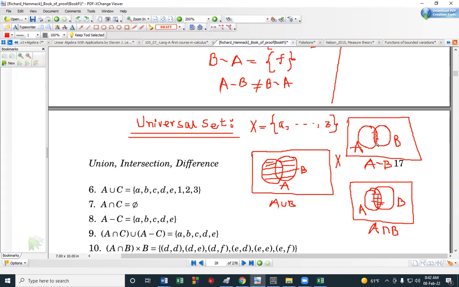Yes, sir. So you exclude this common part. Let me erase this, I made a mistake.